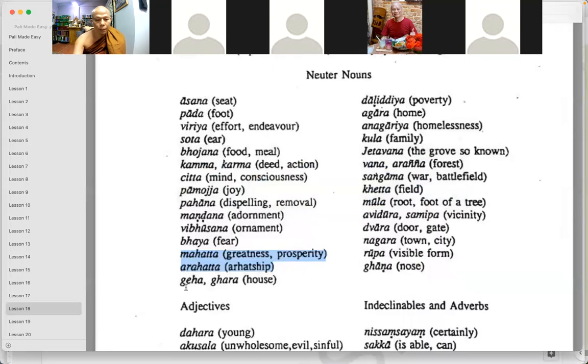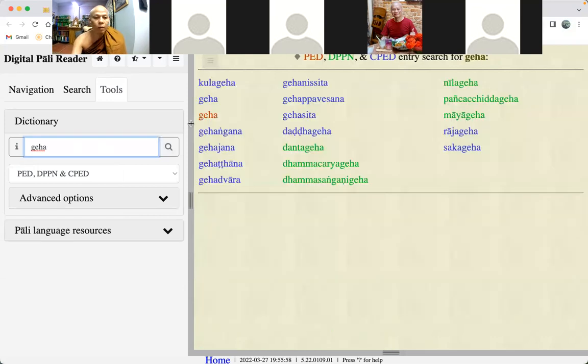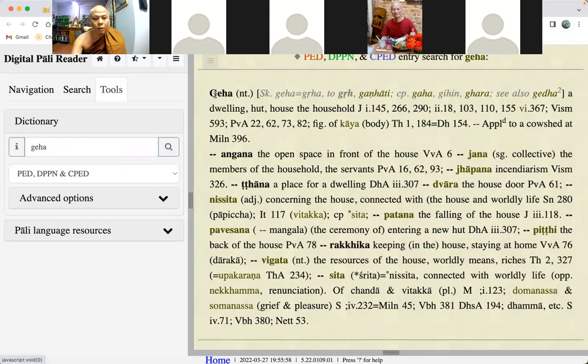And then the other one is geha and agara. Geha here is neuter, but it can also be masculine, though neuter is very common. So geha can be in two genders.